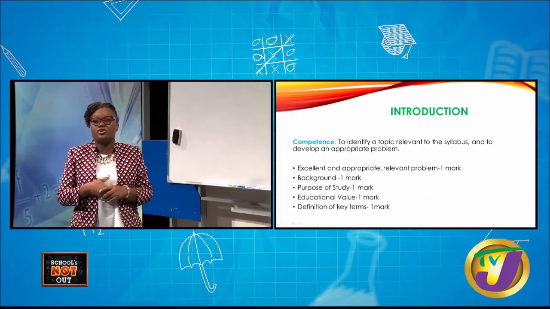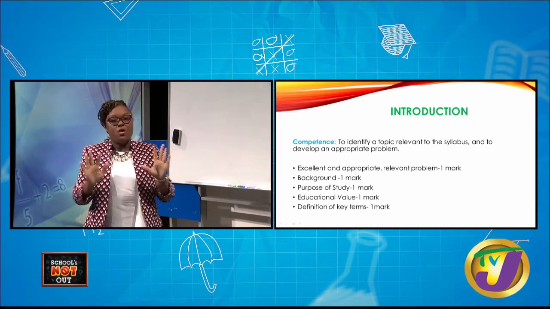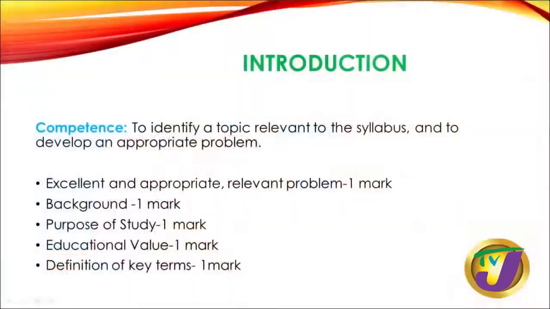Let's look at the introduction. Now, the introduction is just 5 marks. However, there are 5 different things that you need to produce for your introduction, and each of them obviously is worth 1 mark. Let's look at the problem statement. Your problem statement or statement of the problem, same thing. It must be excellent, appropriate, and relevant. We'll go into that a little bit more, right?